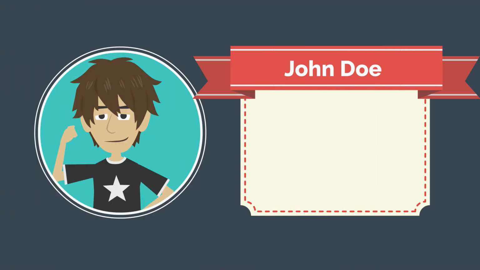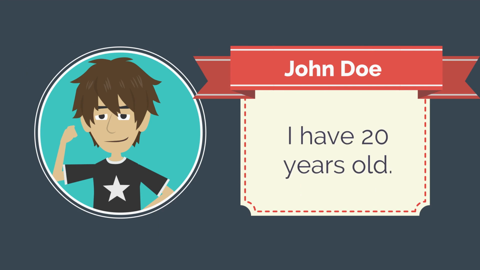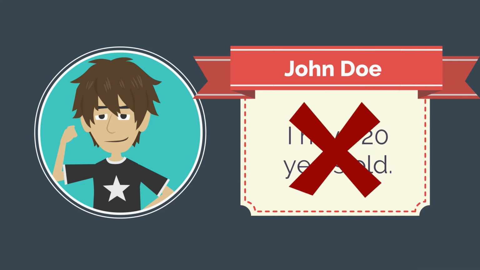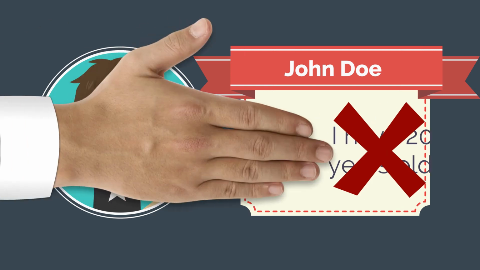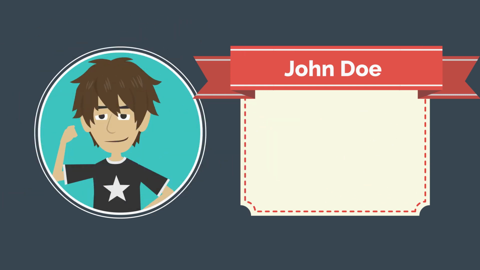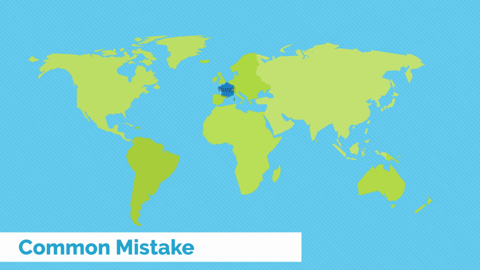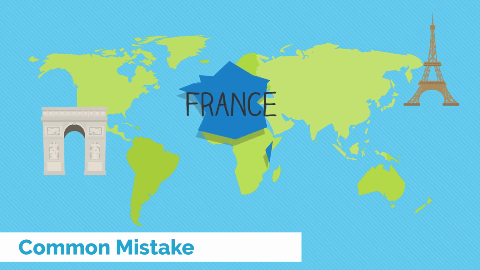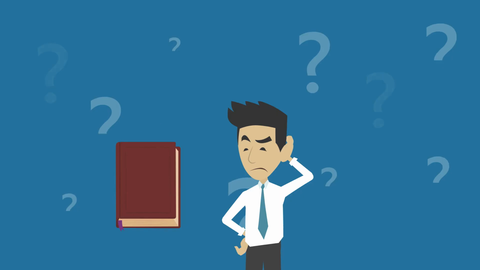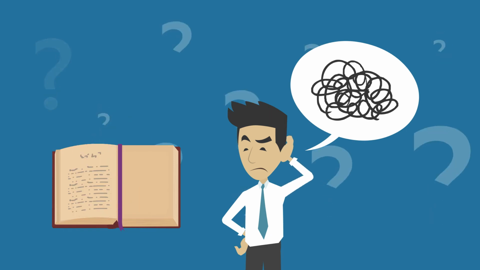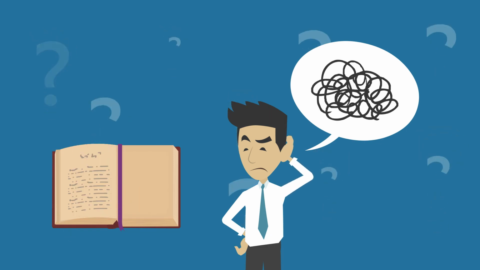For example, we don't say, I have 20 years old. Rather, we say, I am 20 years old. This is a common mistake for French speakers. This is often due to the fact that they are directly translating from their language into English.